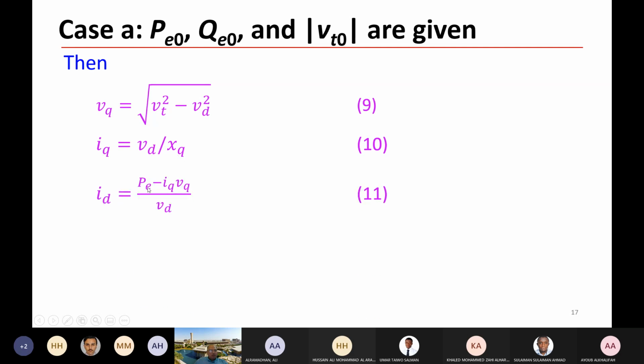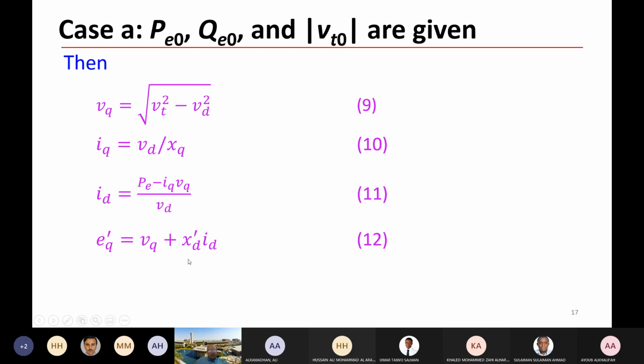You have the power equal to VD ID plus VQ IQ, all the quantities are known except ID, so we can calculate the ID. And we can calculate EQ prime, which is VQ plus XD prime ID. So this is the algebraic equation, so we can have EQ prime. So you can solve for all the quantities of the terminal voltage and the current in the DQ axis and the DQ prime.